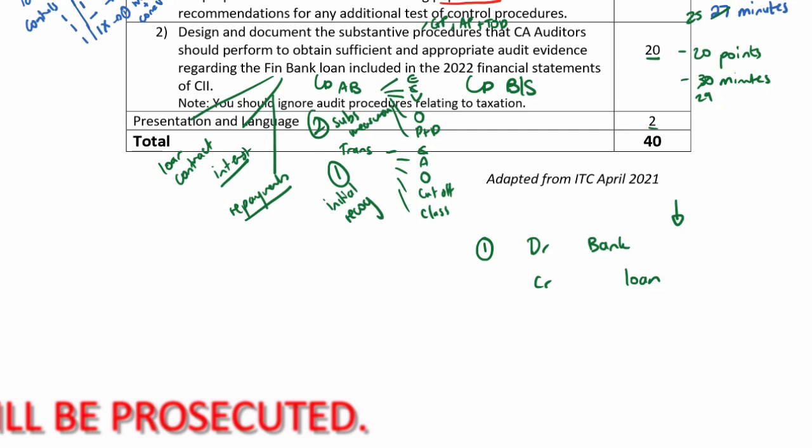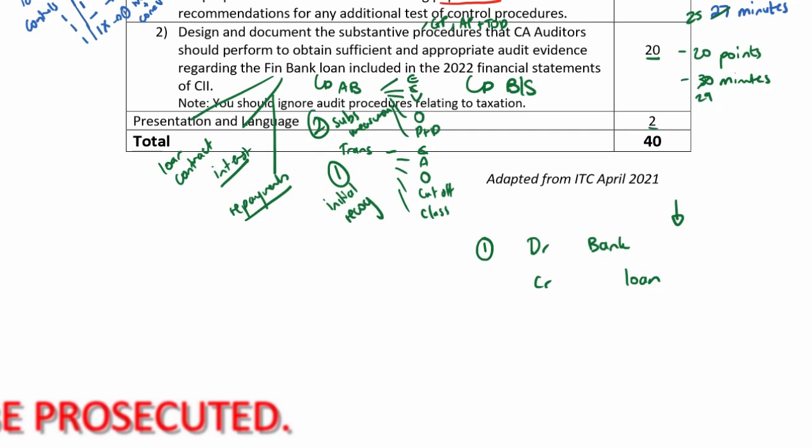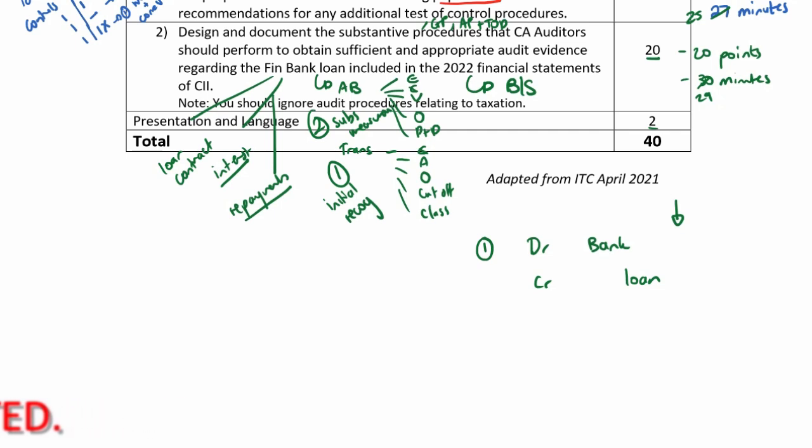And so that's why I need to test my accuracy, my occurrence, the date, the journal itself, the classification. It's one transaction, guys, so I don't need to worry about the completeness of the transaction. Okay, it's one. I'm not looking for a missing transaction. It's just this one.